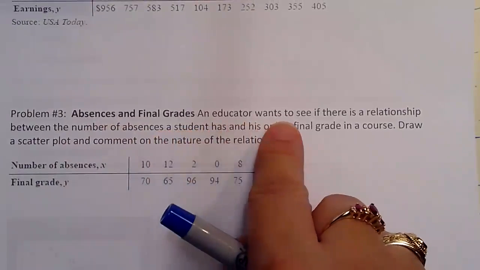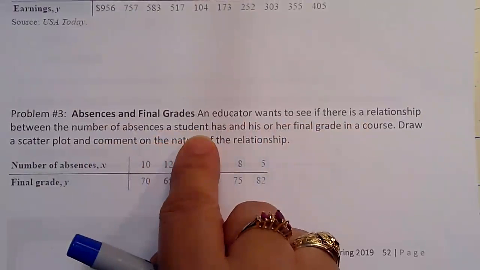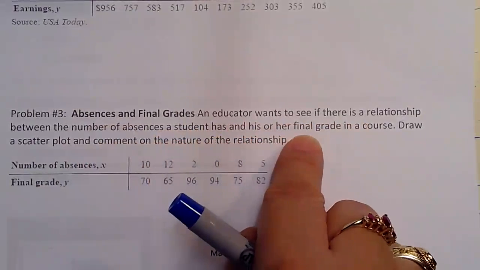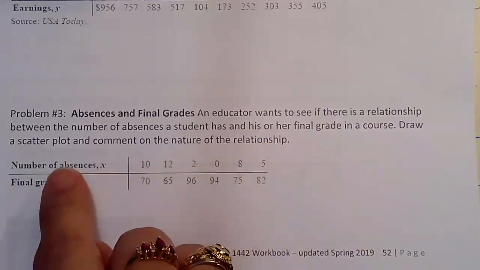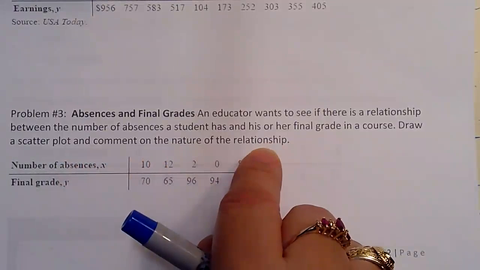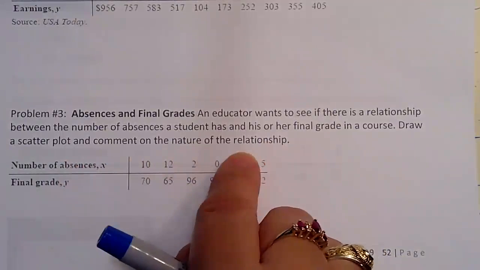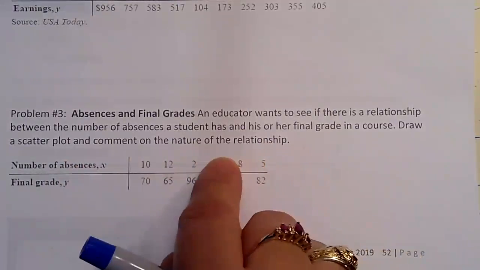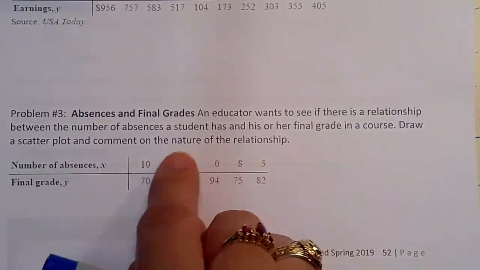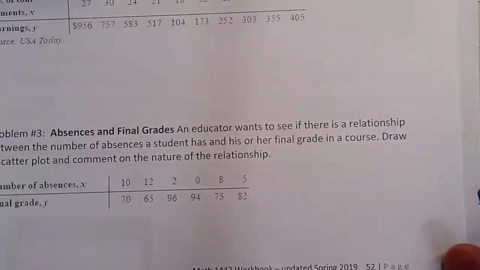An educator wants to see if there is a relationship between the number of absences a student has and his or her final grade in the course. Draw a scatter plot and then comment on the nature of the relationship. Okay, so this is worded a little bit better, right? And the other one is more complete because it says comment on the nature of the relationship. This one I don't think said that.